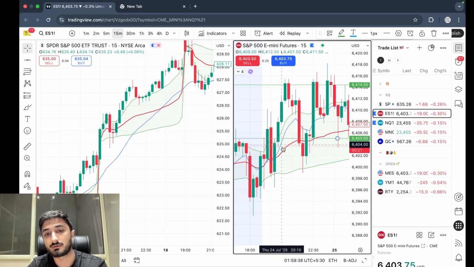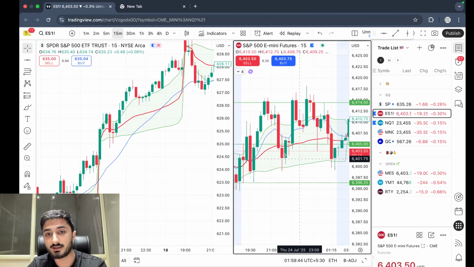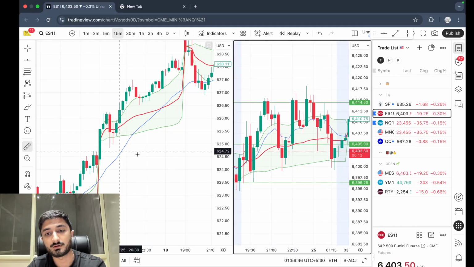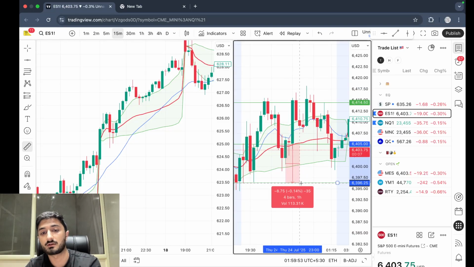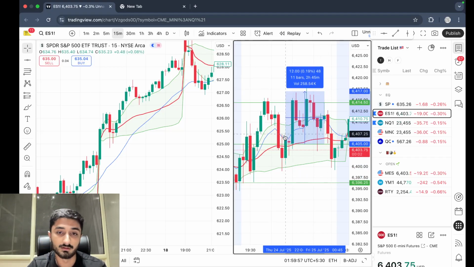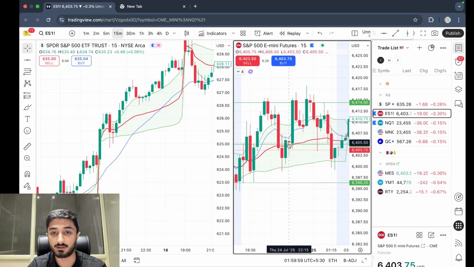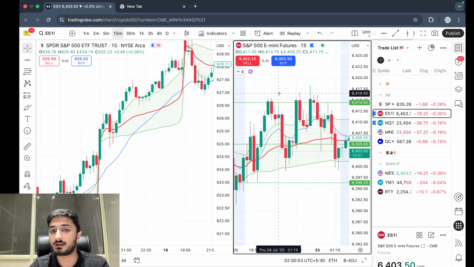What if you mark this zone and see that during the day it came back here many times, and the zone acted as support, and it bounced right off it many times, not just once. Like here, 2 times. It respected it 2 times. You could have had 1R trades 2 times in this strategy.